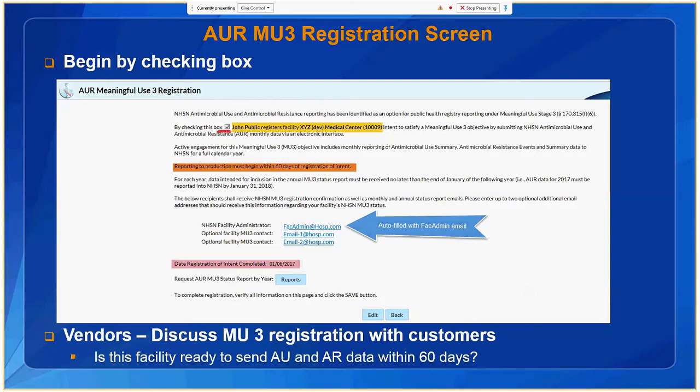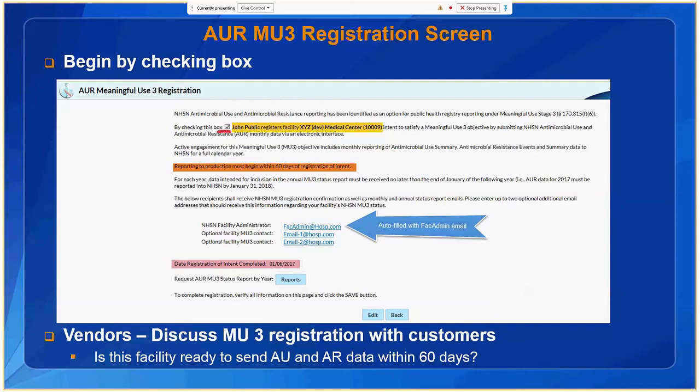You'll see the facility administrator down below. The email is auto-filled, and there are actually 2 other spaces for optional emails. This is so reports will be generated and returned to the facility administrator and the users for their optional emails.